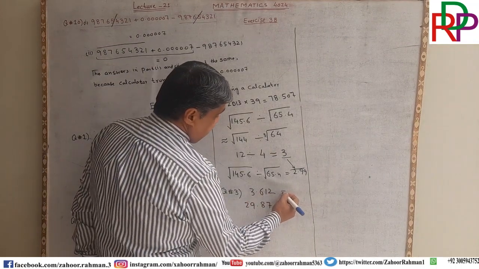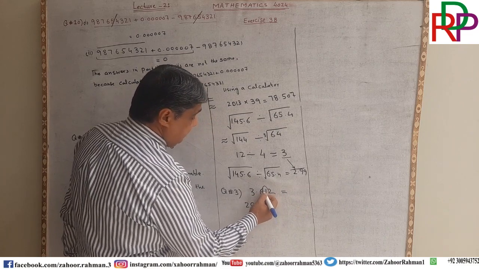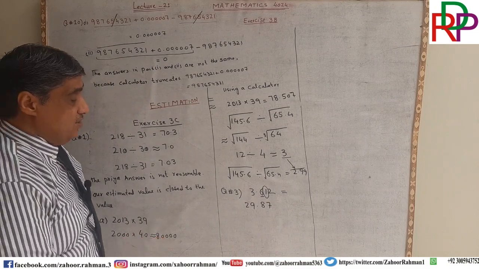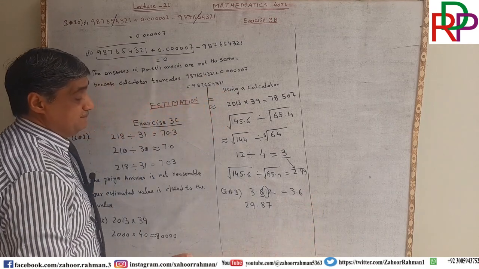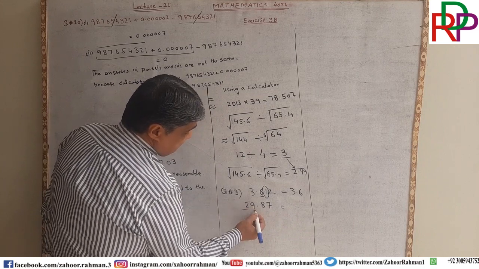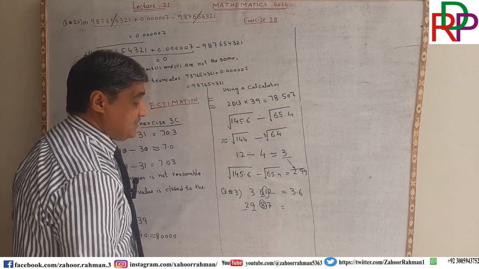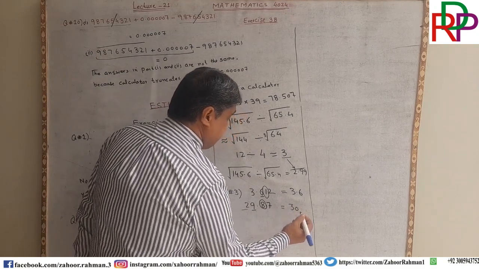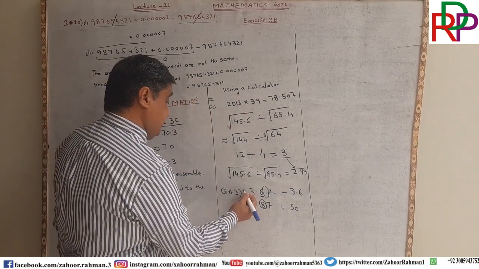So to two significant figures, we need to look at the digit after, and we will encircle it. The encircled value is less than 5, so it will be equal to 3.6. In this case, we encircle this one, and it is greater than 5, so it will become 30. That is the first part.